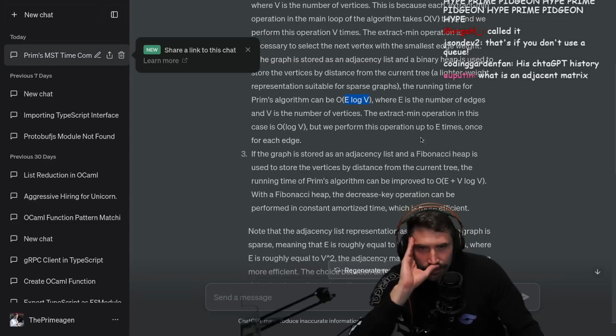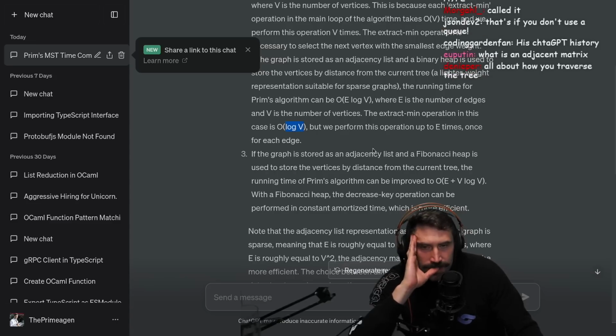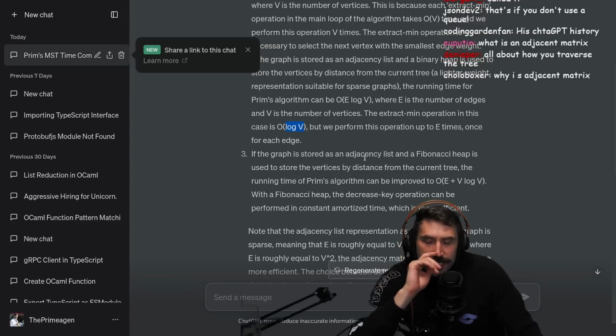I think I get that one. The extract min operation in this case takes log V. Yeah, that's because you have to remove one thing at a time, right? Okay, so you're actually keeping the distances on V.